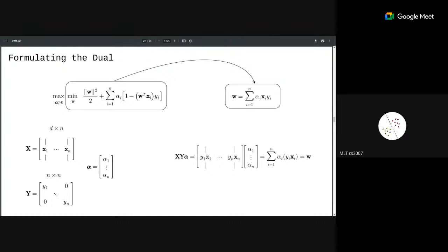XY is this matrix, and we are multiplying it with the vector alpha. So this will become the linear combination of all these n columns, and the weight is alpha_i. Is that clear, or is this still a bit unclear? If you want, we can go over this.